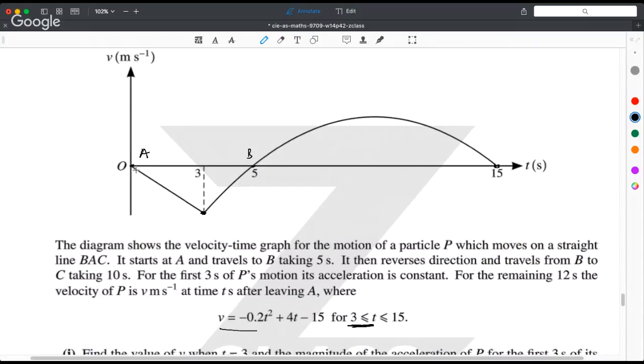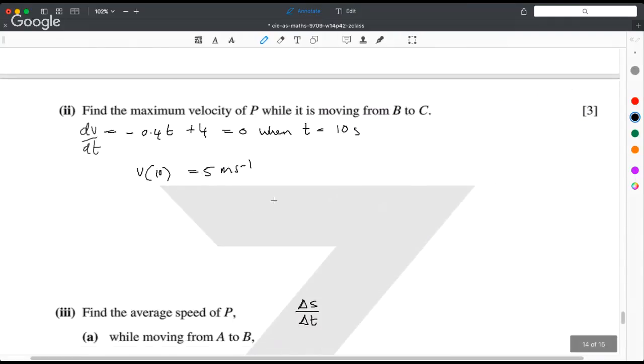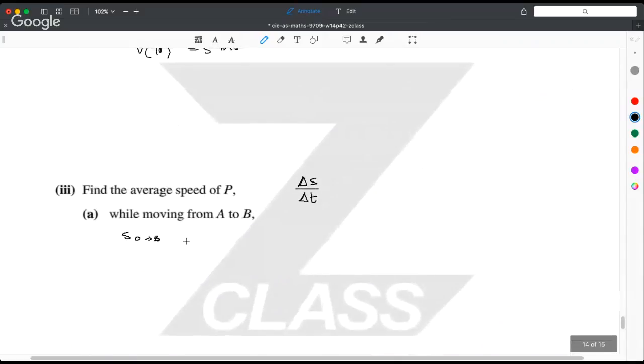So I'm just looking at this first initial period with the straight line from 0 to 3 seconds. It's just constant acceleration, right? So we can use the constant acceleration equations. The time is equal to 3 seconds, we know the acceleration that we worked out before, and so this is equal to 7.2 meters.